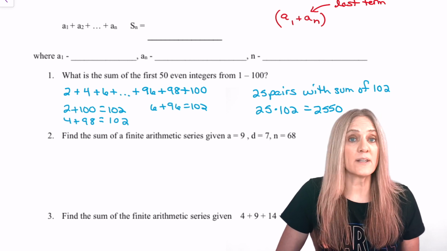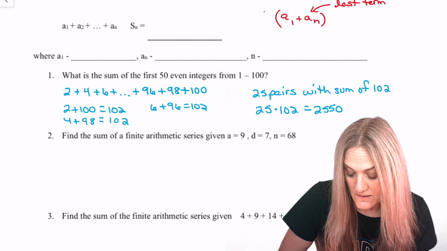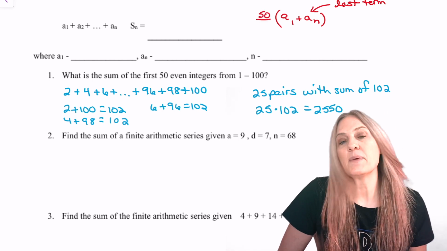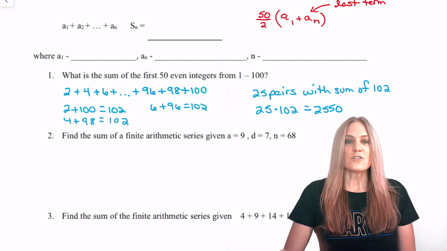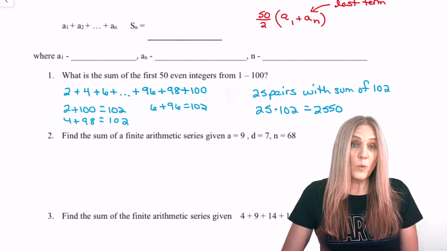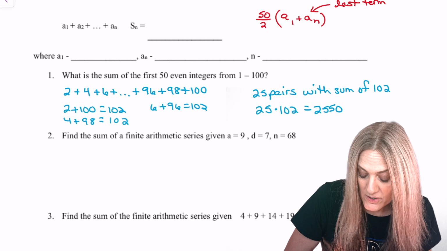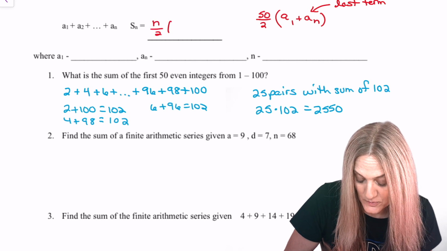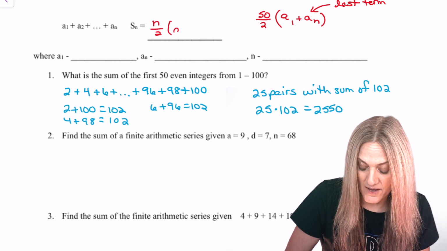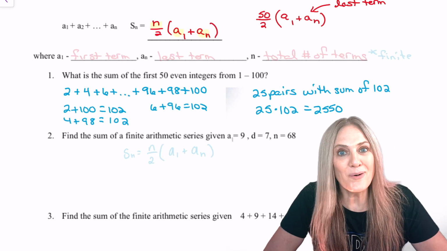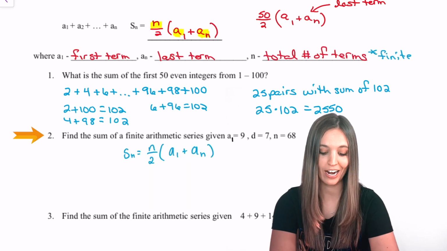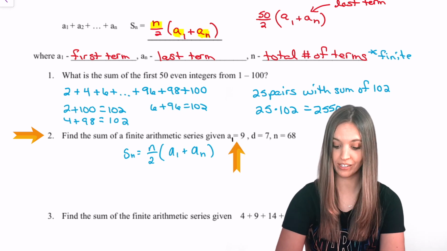Well, the total number of terms was 50. And because I'm making pairs, I divided by 2. So our formula will be number of terms divided by 2 times the sum of the first term plus the last term. Pretty cool.